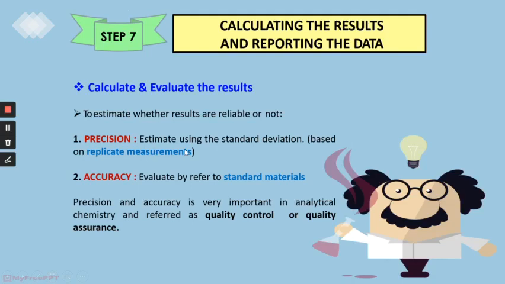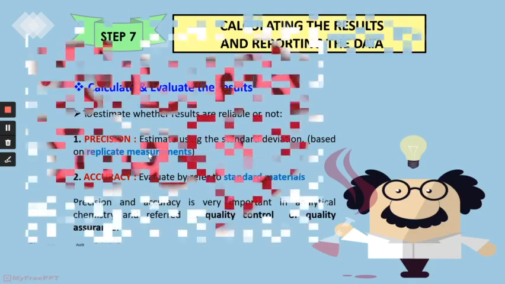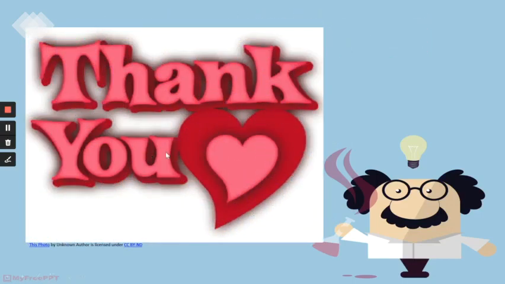Precision is estimated using the standard deviation based on replicate measurements, and accuracy is evaluated by referring to the standard material. Precision and accuracy are very important in analytical chemistry and are referred to as quality control or quality assurance. Details on precision and accuracy calculation we will learn in chapter 2. So that's all. Thank you.